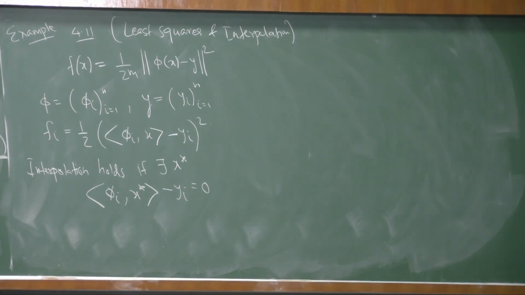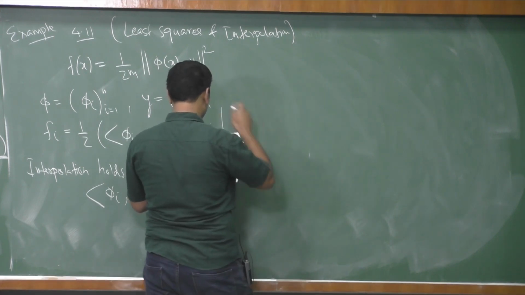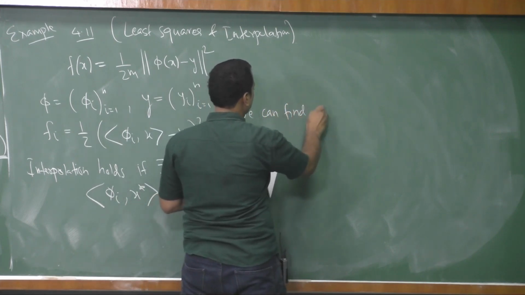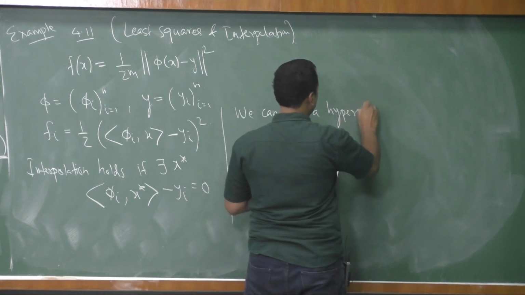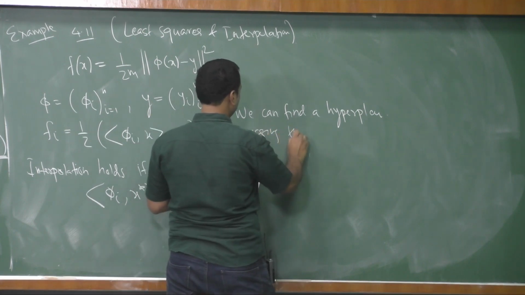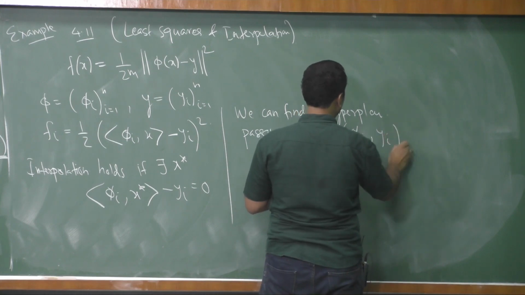So we are asking for a hyperplane that passes through these points, for all i. This means that we can find a hyperplane passing through the points (phi_i, y_i), right?